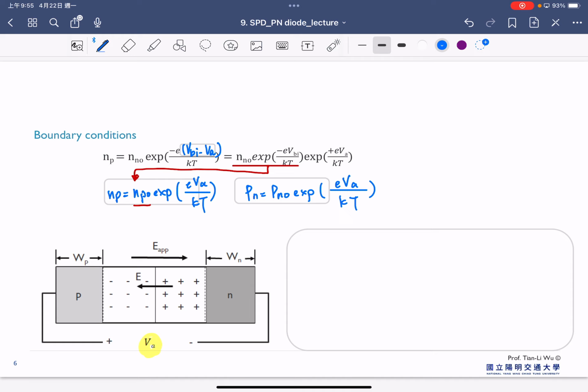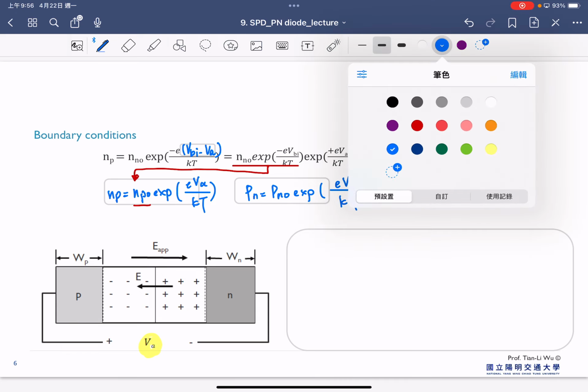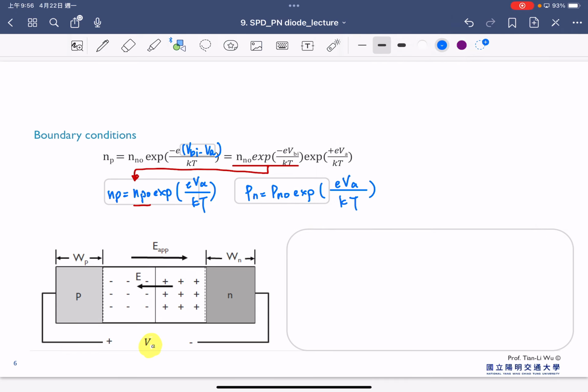So finally, we can put some numbers in our band diagram under the forward bias. So this is the forward bias of the PN junction.